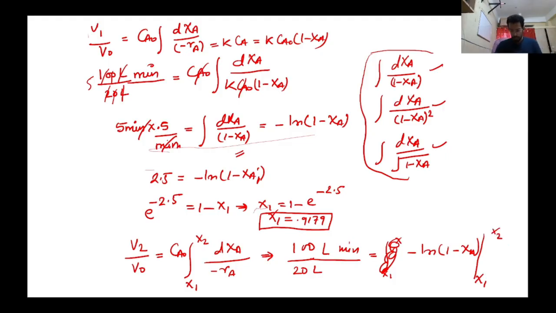So here liter and liter will cancel out. Okay, I forgot the K, so K will be here. So 2, 2, 2, 5, so 5K, minus ln 1 minus XA, X1 to X2.